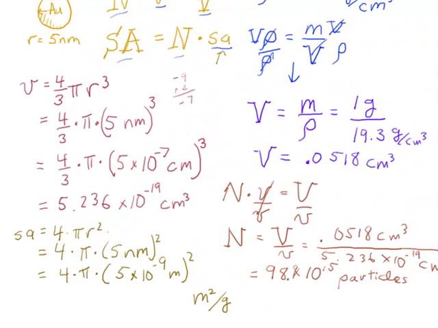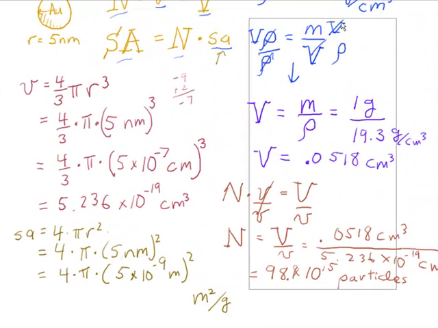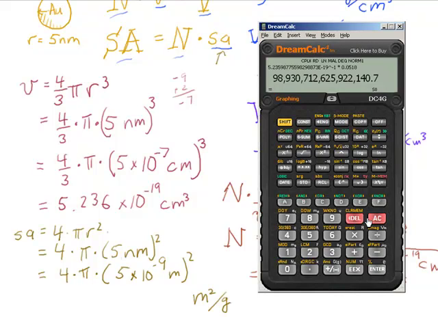And so do that. Clear that. So it's 4 times pi times 5e minus 9, and that is squared. Enter.